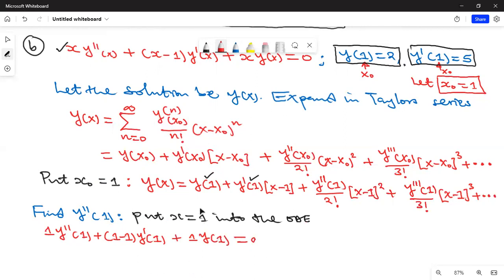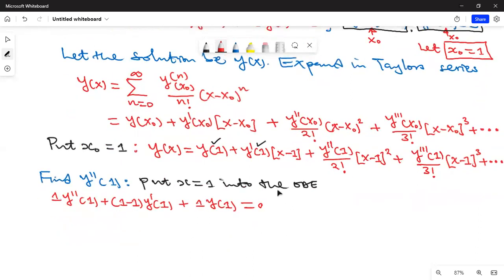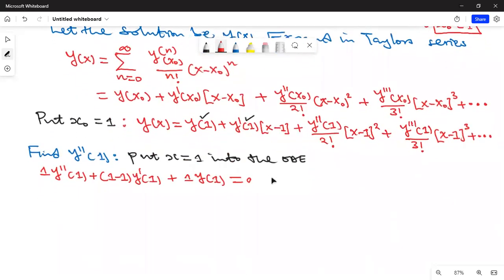So you can replace what we know, and you know where you're multiplying by 0, the result should be 0. So this is the same as y double prime of 1 plus 0 times y prime of 1. What was it? y prime of 1 was 5, so I'll write here 5, plus 1 times y of 1, which was 2.